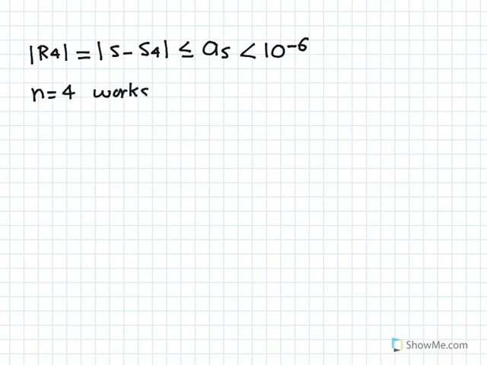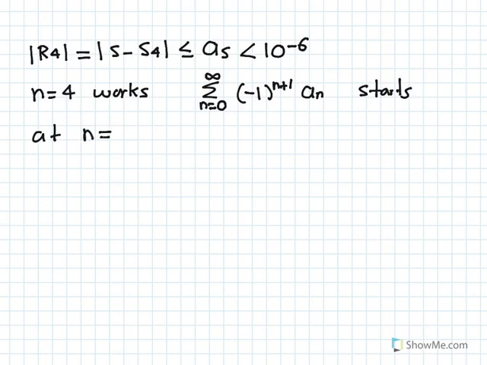But because we're starting the index at n equals 0, we need to add 1 to n, so 1 plus 4 is equal to 5, to get the number of terms required. This is because the series, the sum of (-1) to the n plus 1 times a_n, starts at n equals 0.